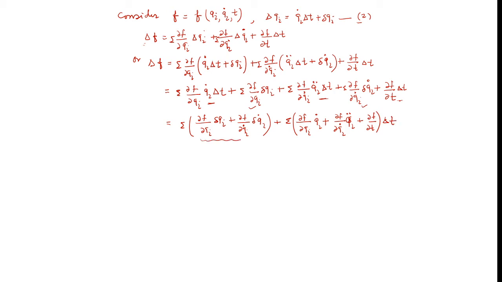So if you look at this expression, it is nothing but delta f, because here there is no variation with respect to time, plus df/dt delta t, because what is df/dt? It is partial f partial q dq/dt, partial f partial q dot dq dot/dt, and partial f partial t.